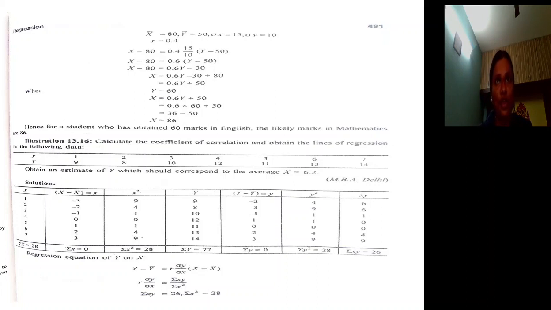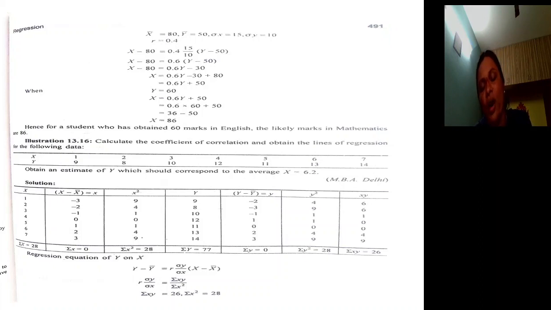So we have actual information about x and y. So take down. What we have to do is we have to vertically write value of x. Then we have to calculate x bar. So what is x bar? So x bar is 28 divided by 7. So 28 divided by 7 is equal to 4. So 4 is actual mean of x.